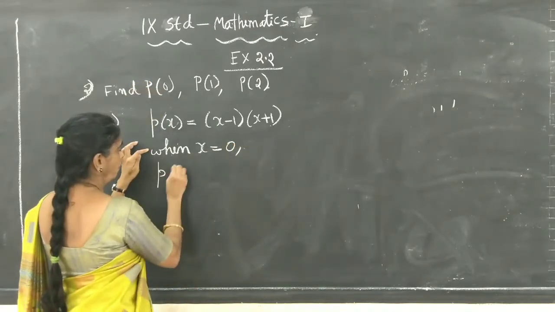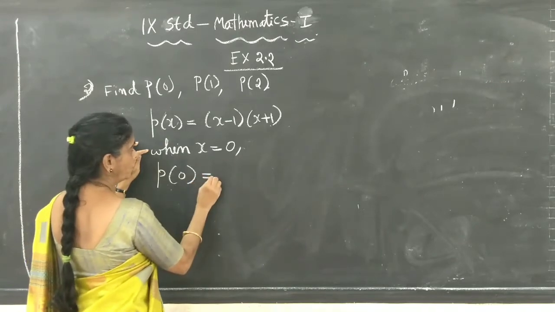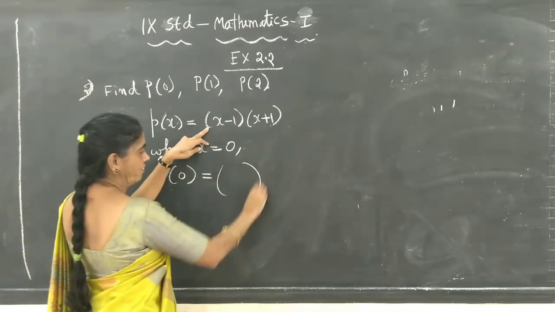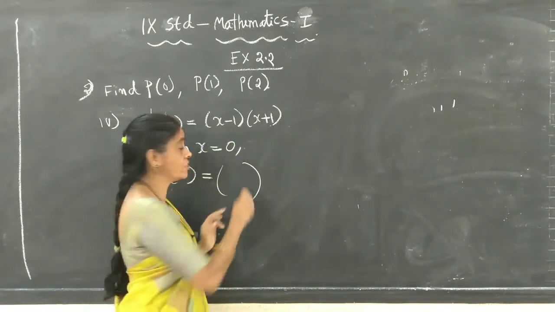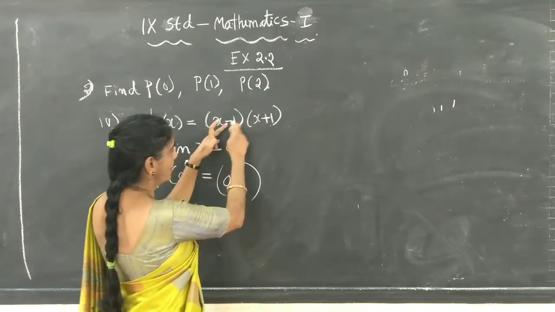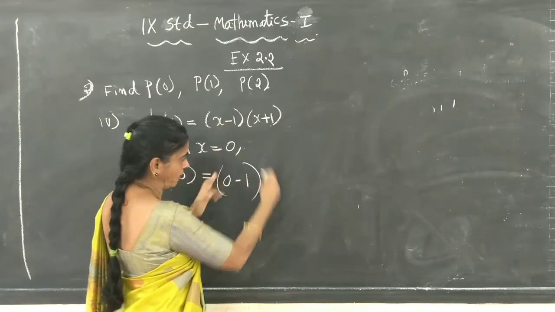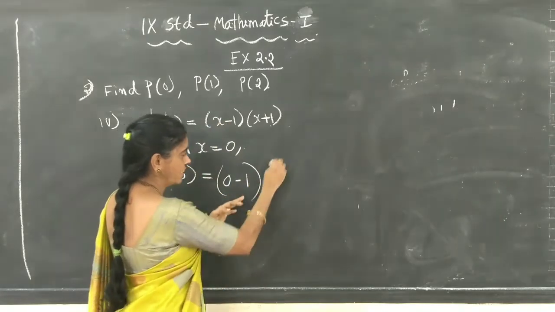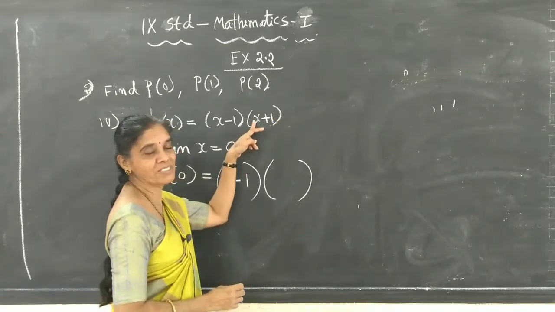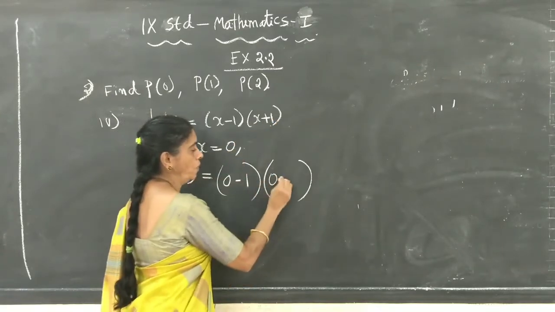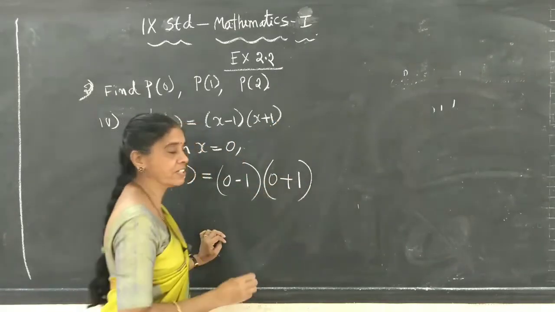So the polynomial P is equal to, they have given brackets, so put the brackets, (x minus 1), here x is how much? 0 minus 1 in the first bracket, into the second bracket they have written x plus 1, x is how much in this case? 0 plus 1, right?